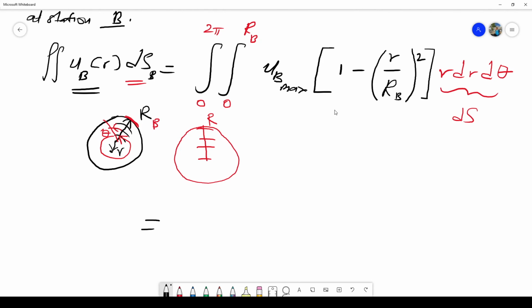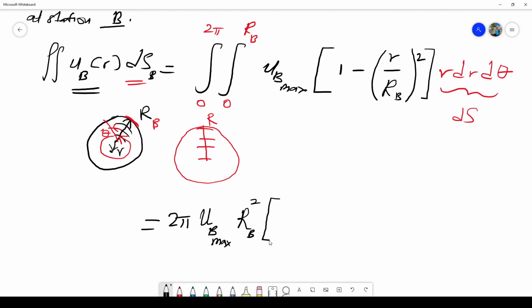If we solve these equations, we get 2 pi multiplied by UB max, multiplied by RB square.